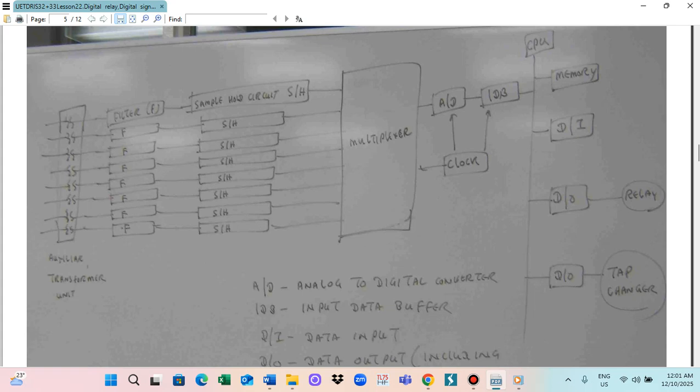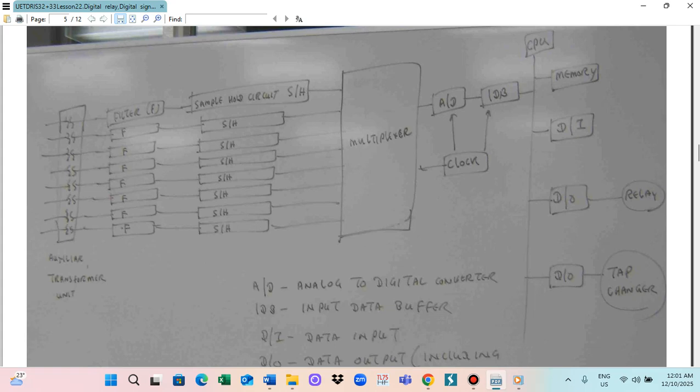So this output data is connected to the protective relay. So this is the DA converter and the relay. DA means digital to analog converter.